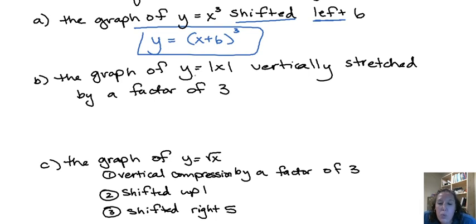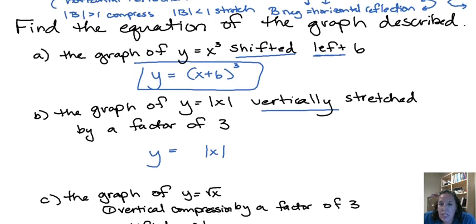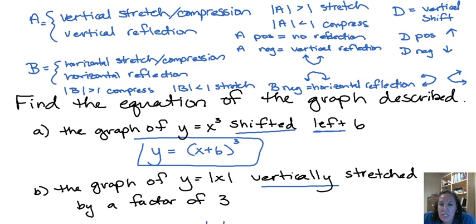All right, if we want to find the equation of the graph for the function y equals absolute value of x vertically stretched by a factor of 3, well, vertical means that it's going to be on the outside, so we're still going to have our absolute value of x on the inside. And if we vertically stretch by a factor of 3, that means our number out front needs to be a number bigger than 1.